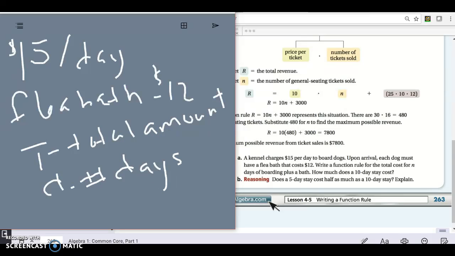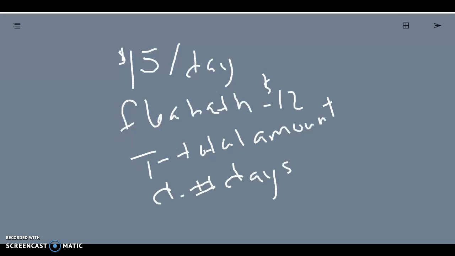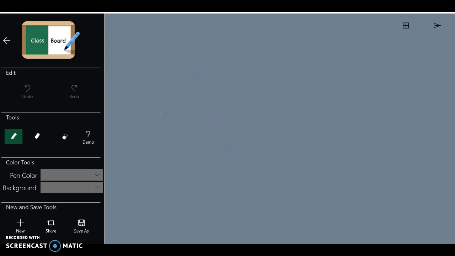I'm going to have to make this bigger so I can continue to write. So if we want to find the total, oops, let me clear. The total amount would have to equal $15 per day plus $12 for the bath, right?